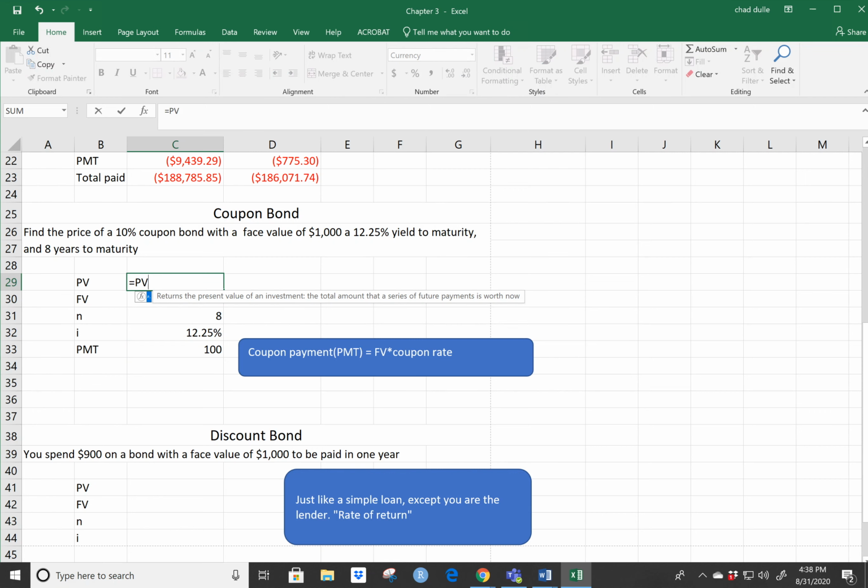So again, we want the PV function. And again, Excel's going to give it to you as negative, because this is what you would have to pay today, $889, or that's what it's worth today.